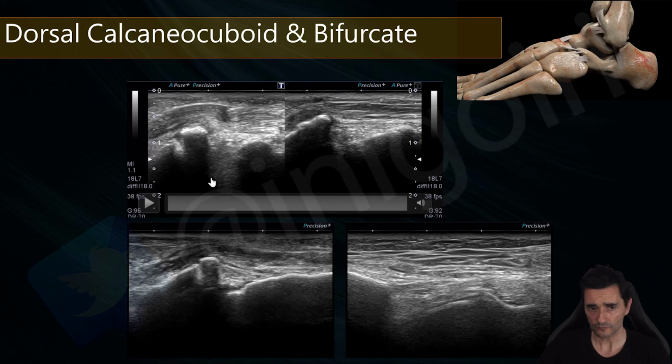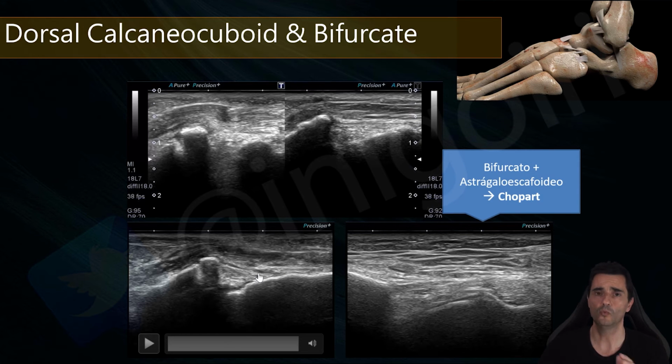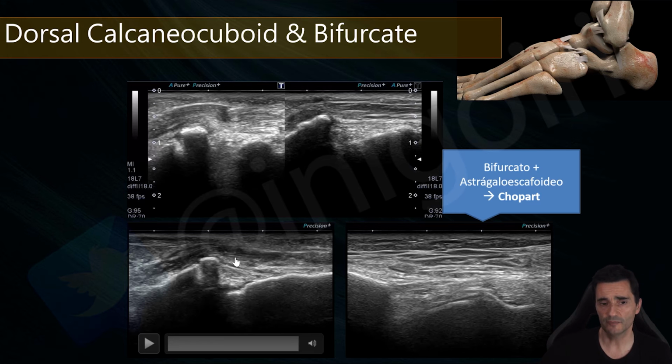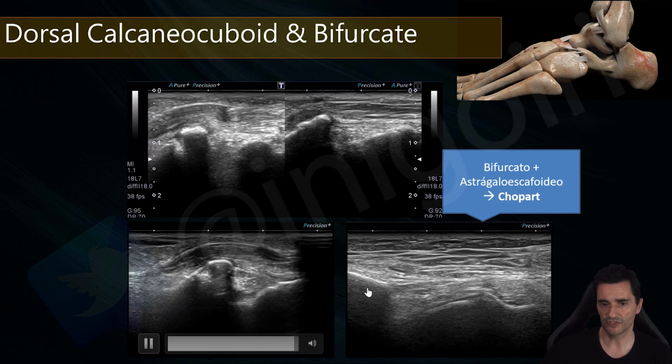Okay. Another example, this is the bifurcate ligament, and once you have checked a patient with a pain in the lateral side of the ankle and you notice this image here, okay, don't stop here, always continue the exploration.